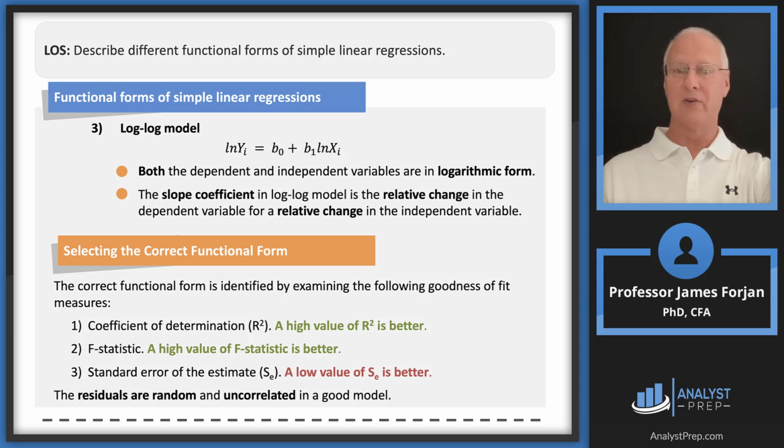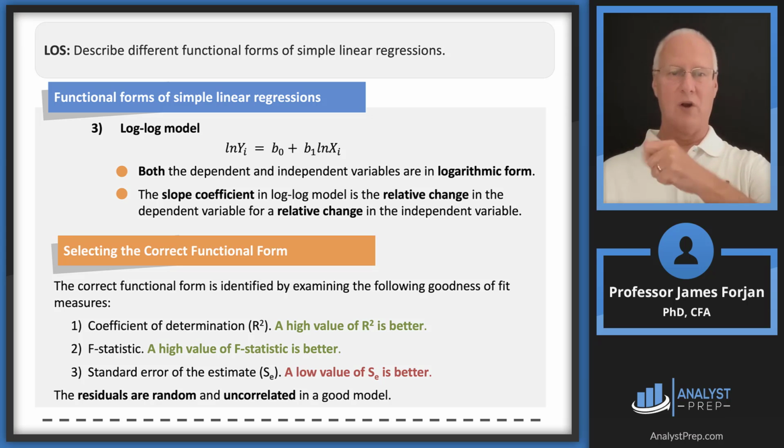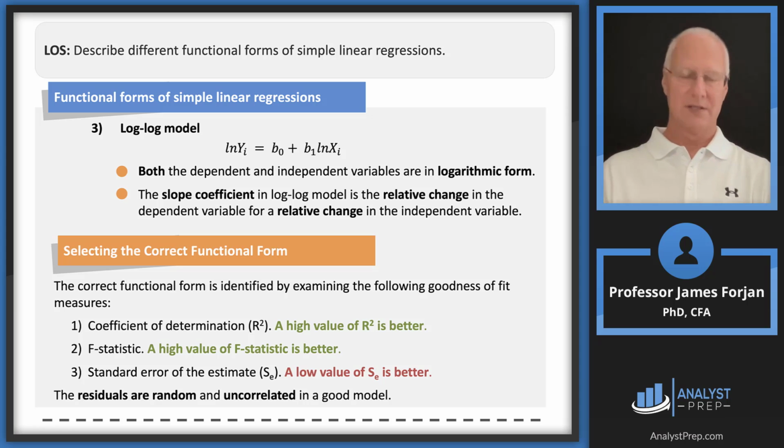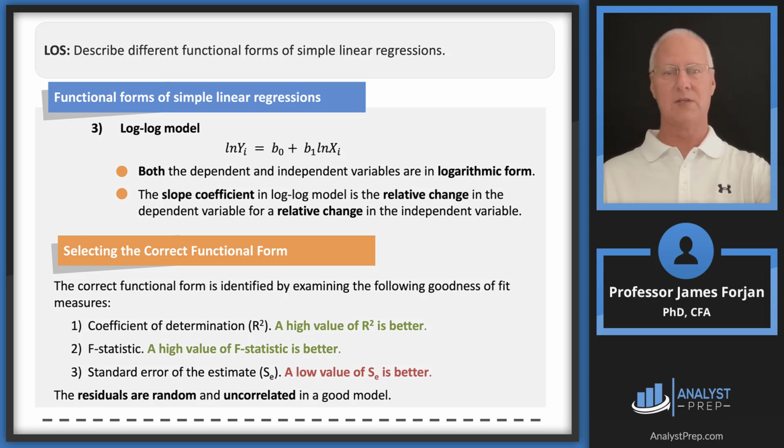And they could say, here's an R-squared, there's an F-test, and there's a standard error of the estimate. This is going to give you an answer on one of the questions on the exam. So if you're choosing from among those 3 models, pick the one that has the highest R-squared, pick the one that has the highest F-stat, pick the one that has the lowest standard error of the estimate. And knowing those 3 things will help you answer that one question on the exam.